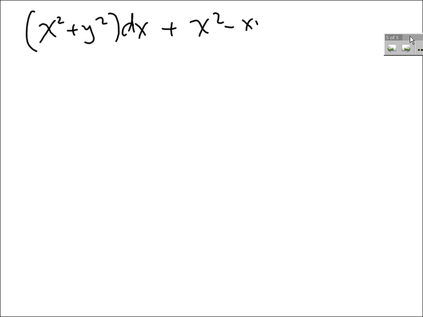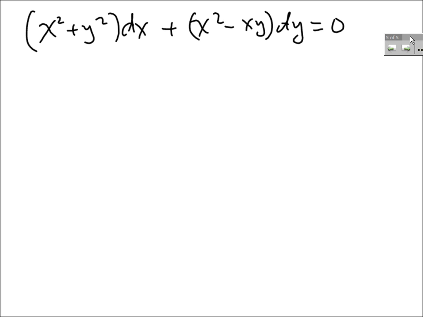Now, I'm going to give you an equation that is homogeneous. So we don't have to check to see if M is a homogeneous function and if N is a homogeneous function, and see if they're of the same degree.